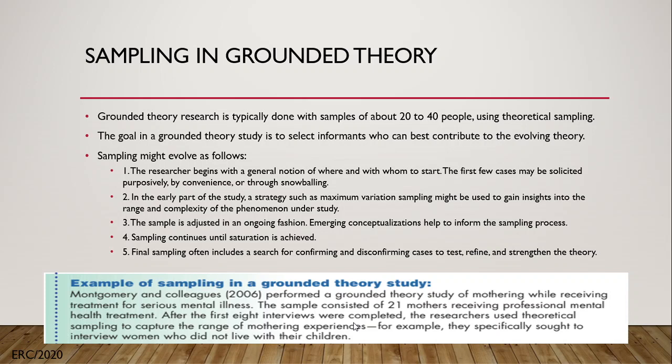Then final sampling often includes a search for confirming and disconfirming cases to test, refine, and strengthen the theory. Okay, a strategy of sampling confirming or disconfirming cases is another purposive strategy that is often used toward the end of data collection in a qualitative study.